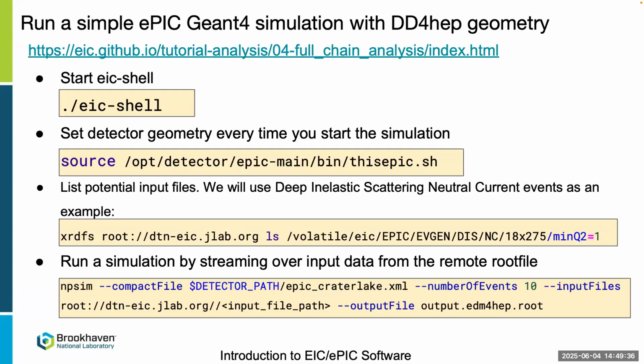And then finally, we ran a simulation using that DD4hep detector description with NPSIM, which is basically running Geant4 under the hood. And we streamed over our data from the location on our XRT storage server. So this was basically the first day.